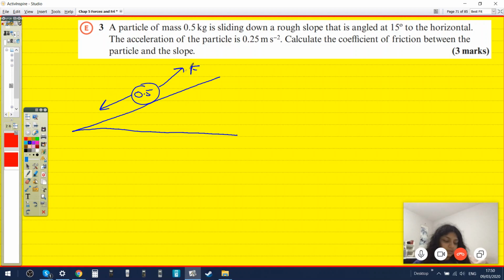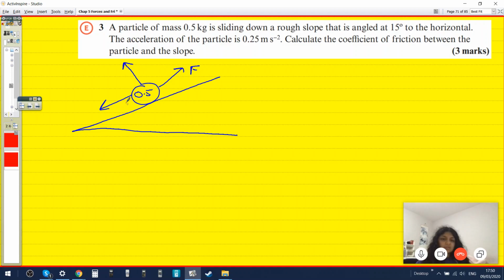So what are the forces? Friction, R, and 0.5g going down. There's no other. Okay. And so magnitude of R? 0.5g cos 15, or 4.73.